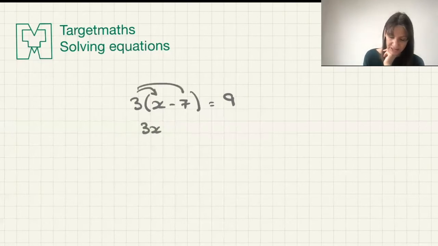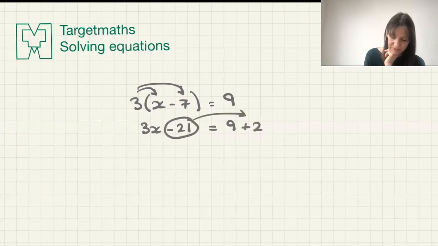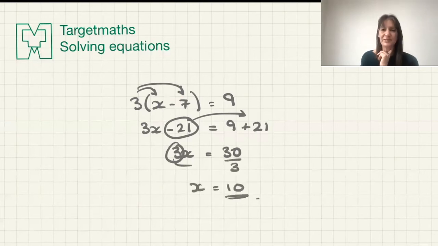So 3 times x is 3x, and 3 times -7 would give me -21. I'm then going to move the -21. It's going to land as positive 21, giving me 3x equaling 30. Divide through by the 3, and x is equal to 10. So another nice one there.